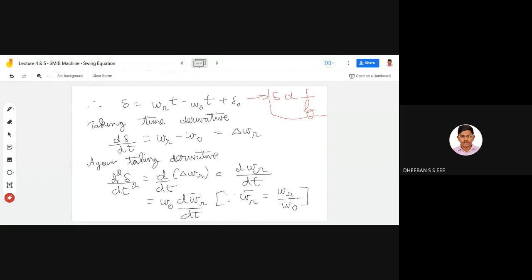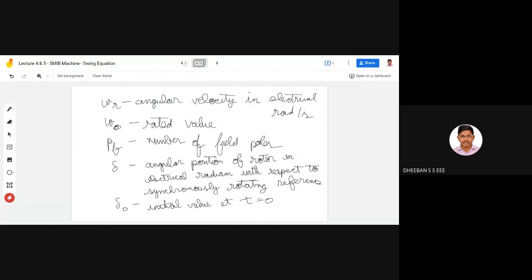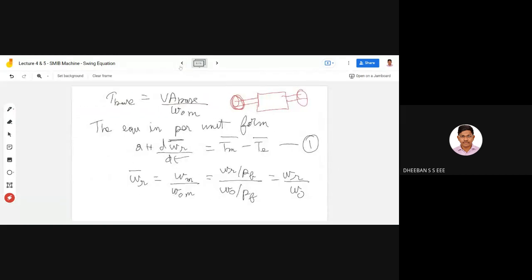Why are we taking these things, you might be asking. The thing is, in this first equation we don't know the value of d omega r dash by dt. For that representation, we have to find some mathematical relation.